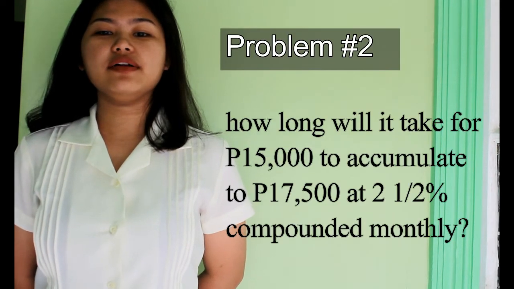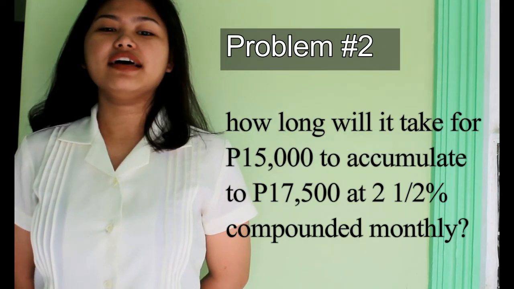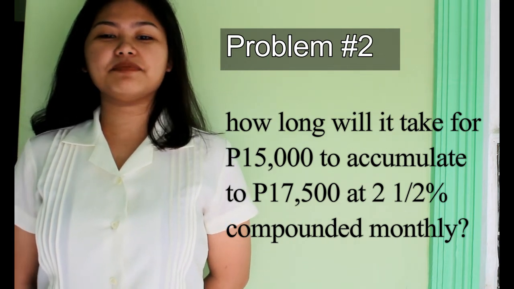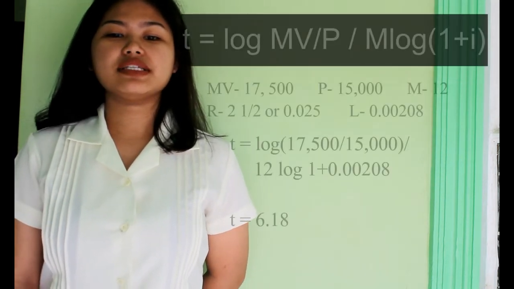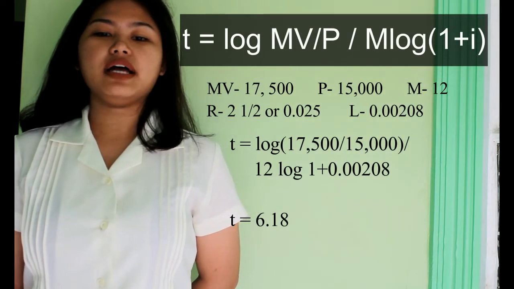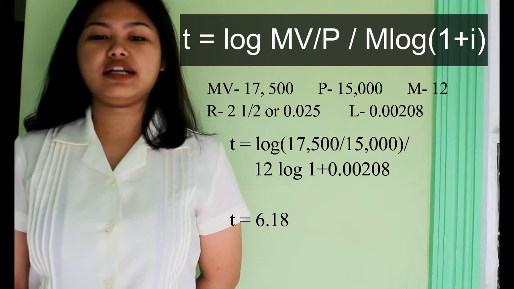Second example: how long will it take for 15,000 to accumulate to 17,500 at 2.5% compounded monthly? Time is equal to log of maturity value over principal, over m times log of 1 plus interest.